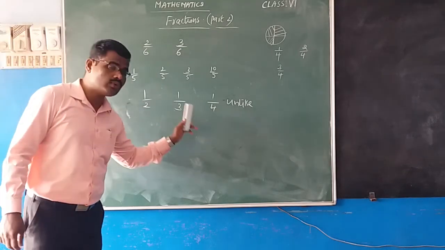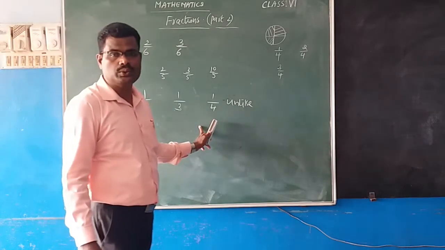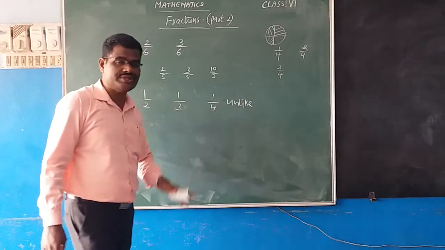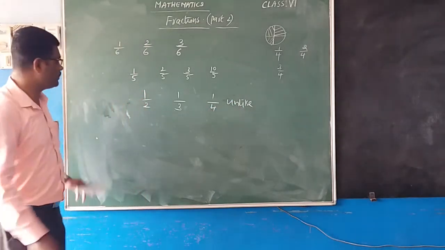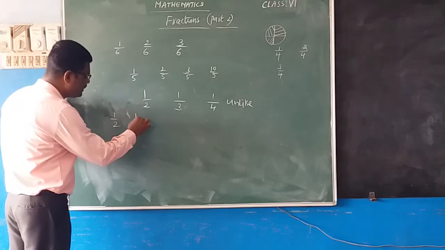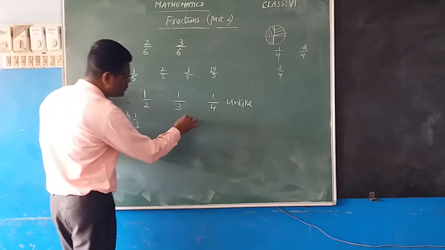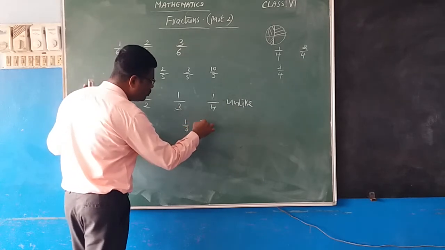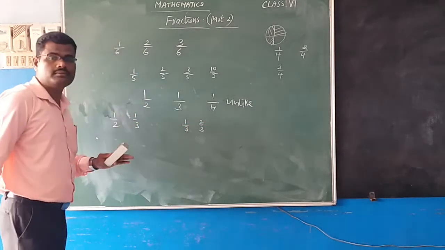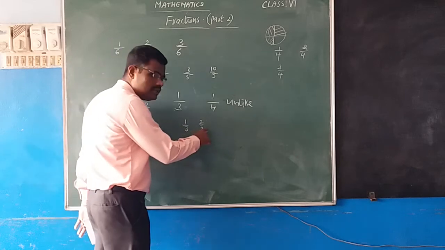After that, we have seen how to convert unlike fractions into like fractions. Suppose 1 by 2 and 1 by 3 is given. Which is greater? We cannot say. Suppose 1 by 3 and 2 by 3 is given. Which is greater? It is a like fraction.